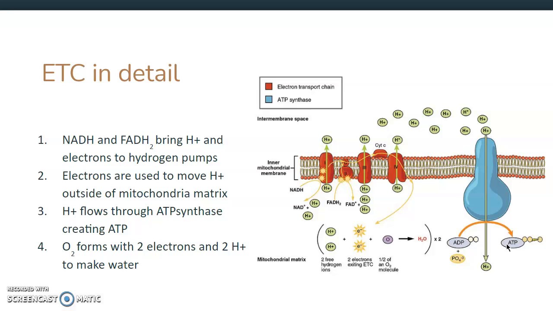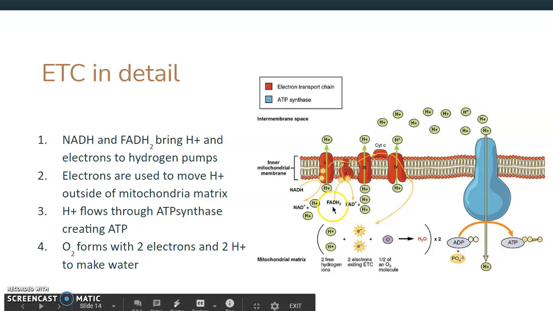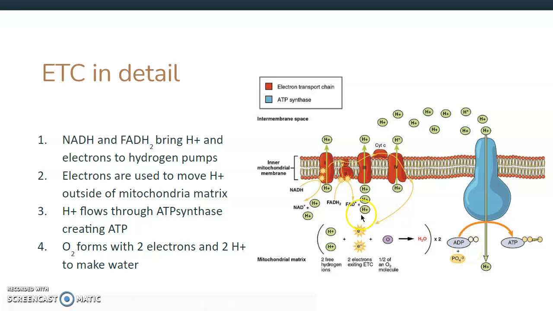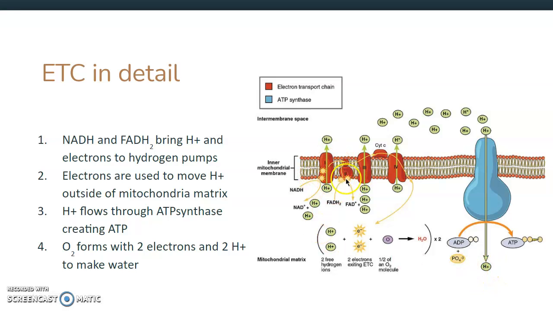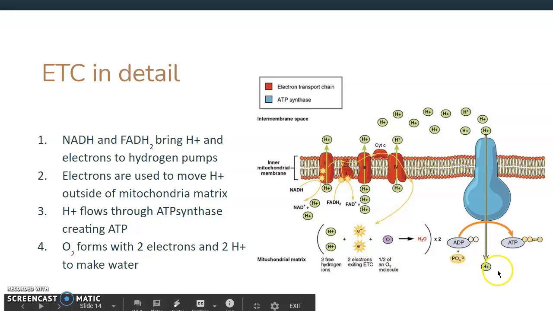What happens here is we have a lot of extra H pluses floating around and extra electrons that have lost their energy. So we take our oxygen and make water. This is where our oxygen gets put in. It's to absorb some of these H pluses that are coming through and these electrons, and also make water.